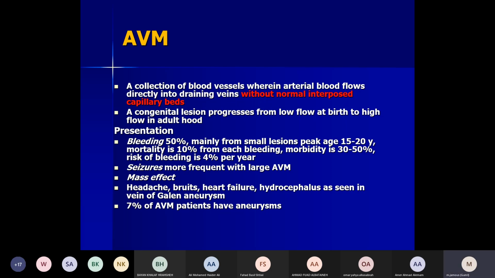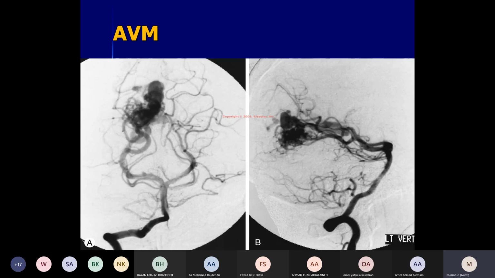Here we can see the feeding arteries. This is the nidus, the abnormal vessels, and this is the site for rupture and bleeding, the nidus. And this nidus will drain into the draining vein. This is how it looks in a specimen.